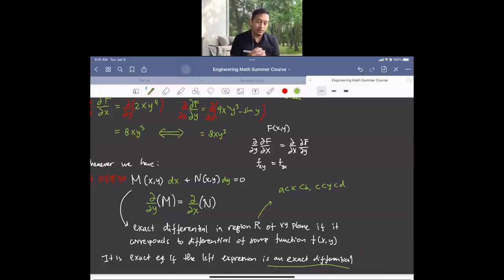And when we check the mixed partials, ∂M/∂y and ∂N/∂x, if they are exactly the same, then we have this as our exact differential, okay? And we may solve it through the exact equations method.